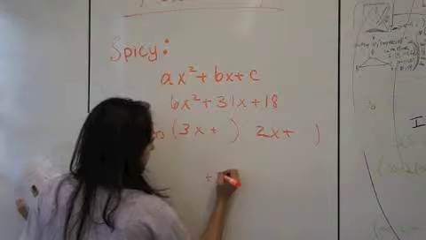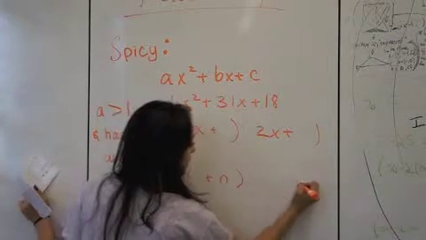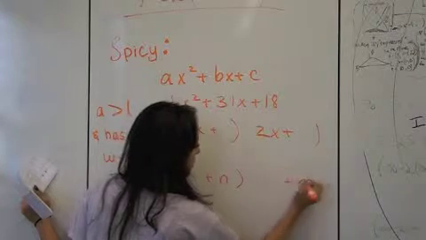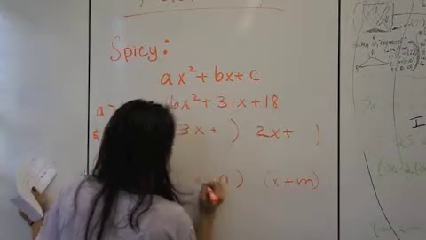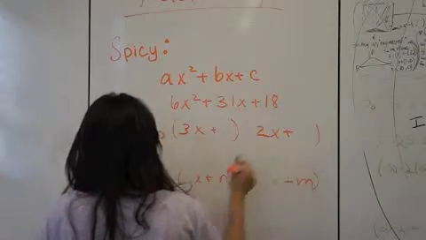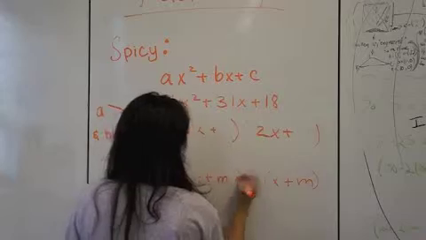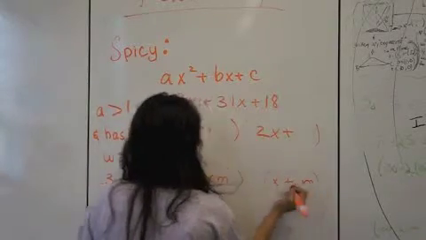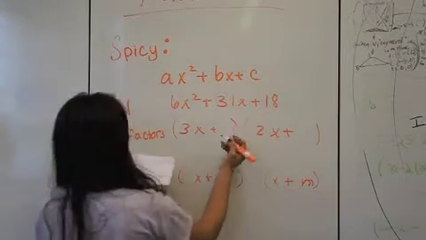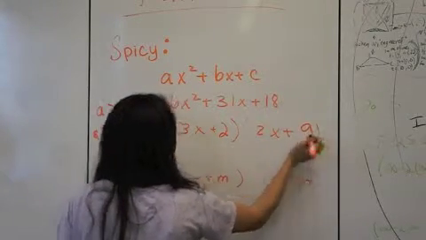And just like in the other ones, these are going to be n and m. So let's make it backwards so it's easier. For n and m, I'm going to fill in 2 and 9.